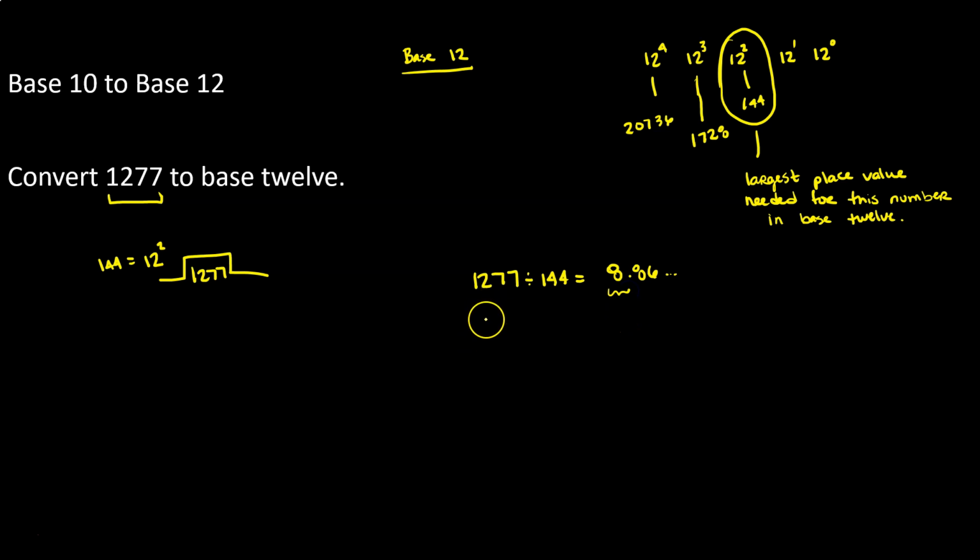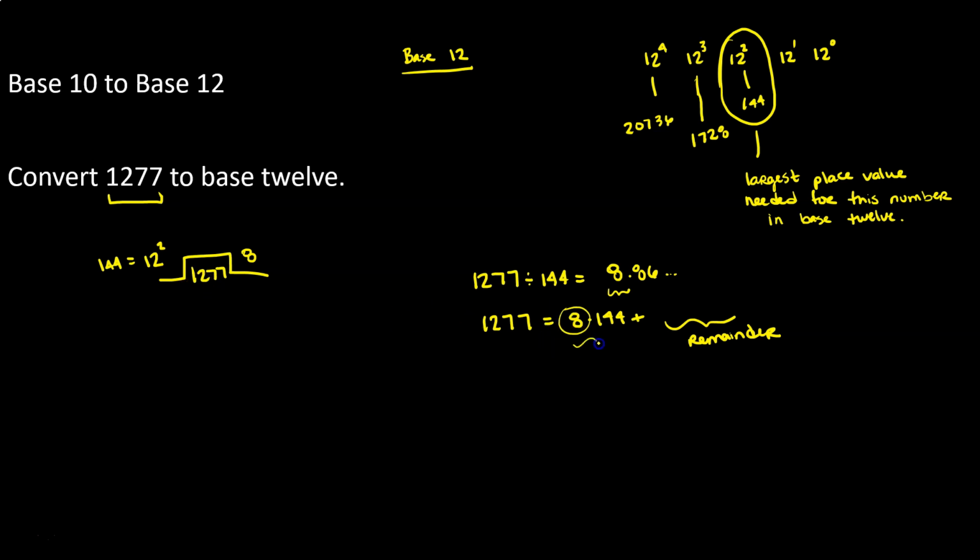And that's because we can write 1,277 as 8 times 144 plus some remainder. So the 8 is what we will copy down over here as our base 12 numeral. And then we'll subtract 8 times 144 from 1,277.